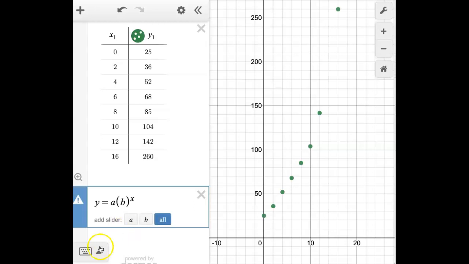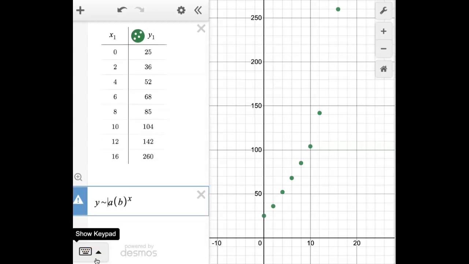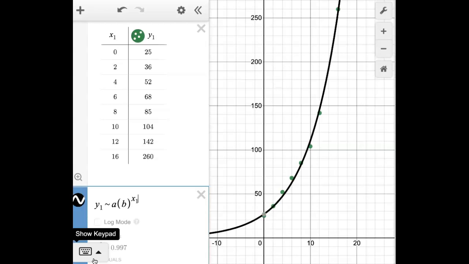You actually have to call y y1, just the way your outputs are under y1, and you have to call x x1, and it can't be equals. It has to be that little squiggly approximately, because it is giving you an approximate equation for your data. So there's the squiggly thing. That's got to be y1, and this has to be x1.